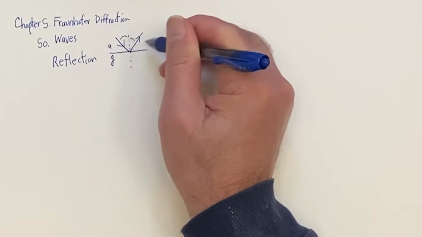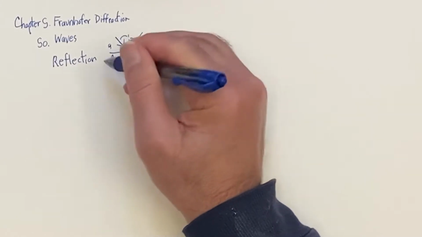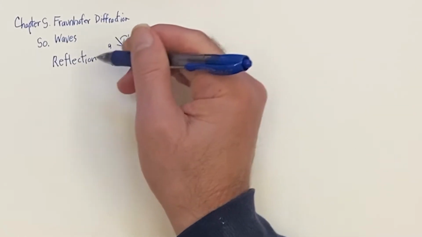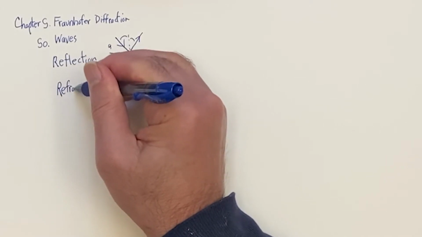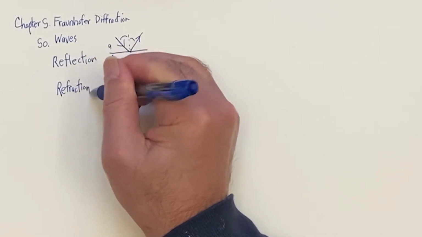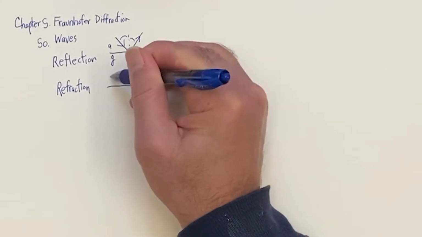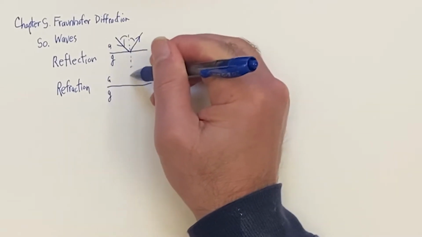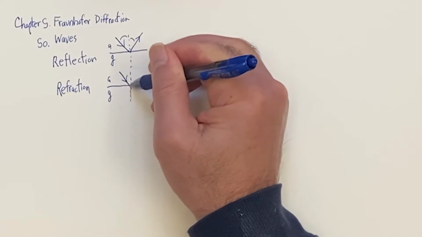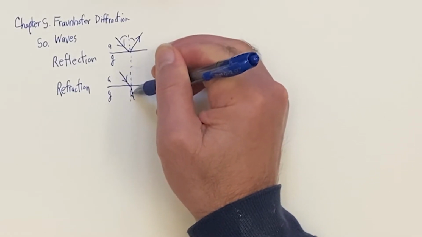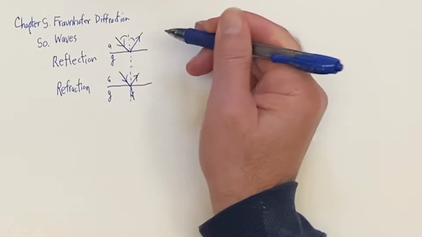We use light as an example. But all waves will experience this. Then refraction, where if we had air and glass and put our normal in again, the light bends toward the normal and you have some reflection.